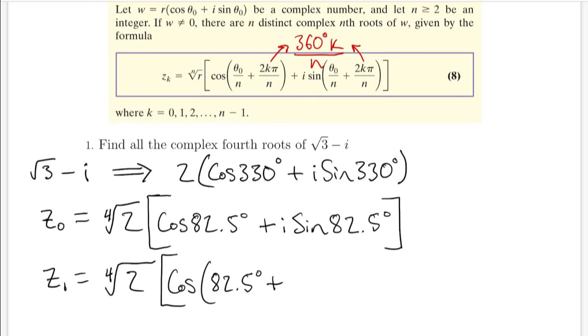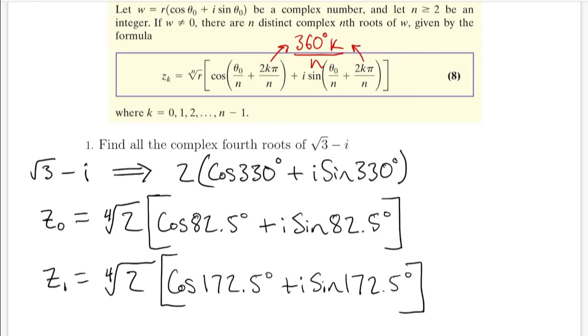So 360 divided by 4, that's 90 degrees. So I'm taking 82.5 and adding 90 degrees, and that's going to give me my argument here. So when I add those together, I get 172.5 degrees. So I'm just going to go ahead and replace this with 172.5 degrees. And remember, once I find the angle that's in the cosine, I can just copy it down for sine. Those are always the same. So plus i sine of 172.5 degrees, and we found our second root.